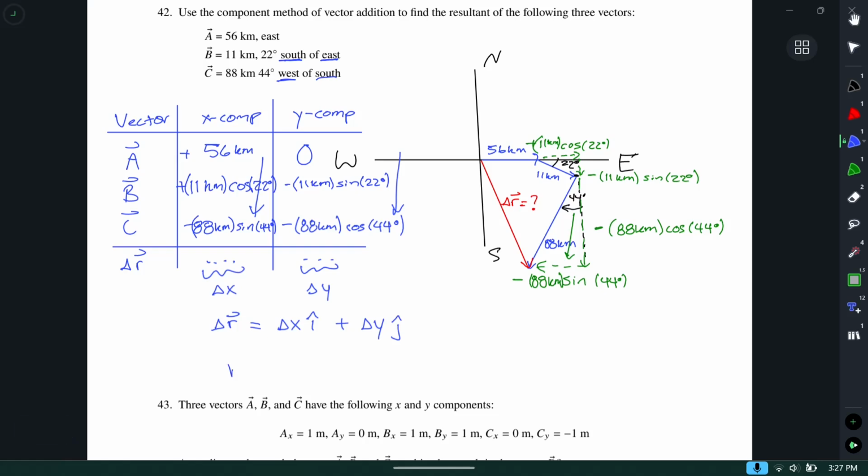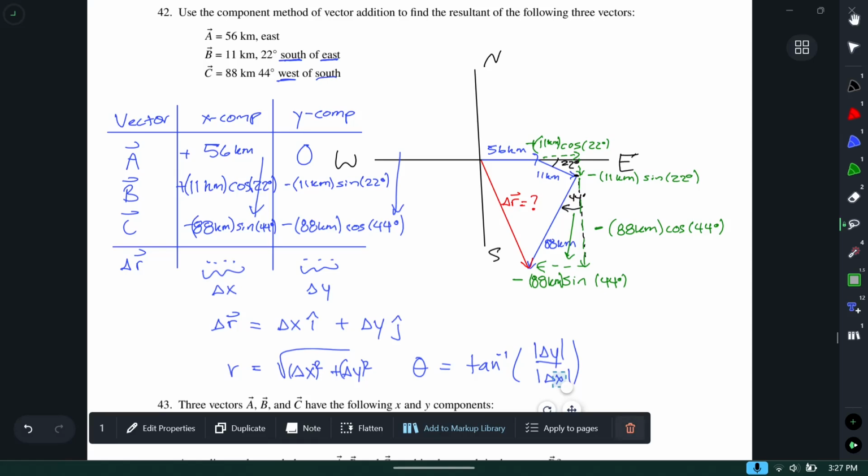If you want the polar form, or magnitude and angle, it's Pythagorean theorem. And your angle is inverse tangent, usually y over x, because in this case, you're the one picking how you specify it, and usually you would specify relative to due east instead of due south.